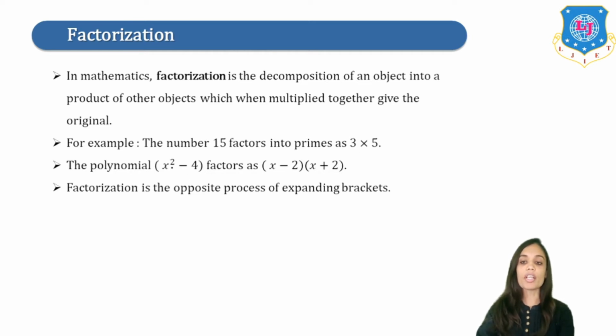The polynomial x square minus 4, we can write the factors as (x minus 2)(x plus 2). If you expand these brackets, we will get the same answer as the original. So factorization is basically the opposite process of expanding the brackets.